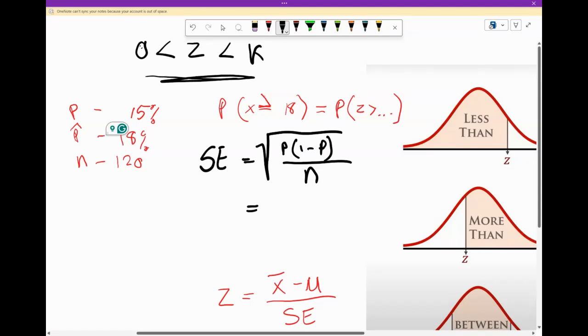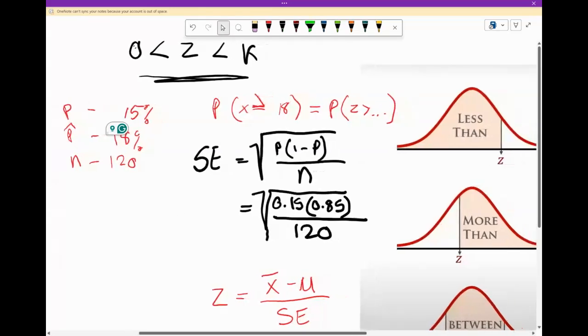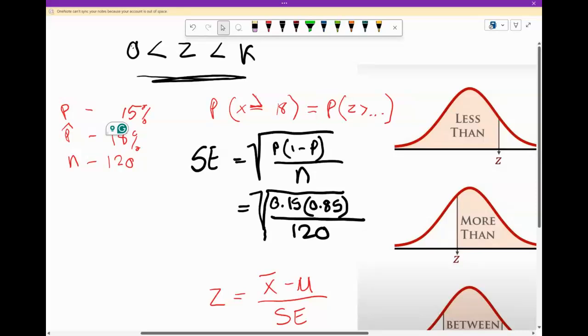So here we're now substituting. Okay, so P we said is 15, so 0.15, square root of that. 1 minus 0.15 is going to give you 0.85. So I'm just going to put 0.85 here. Okay, we together. Divided by 120. Exactly. Yes, 120. That's N, number of.